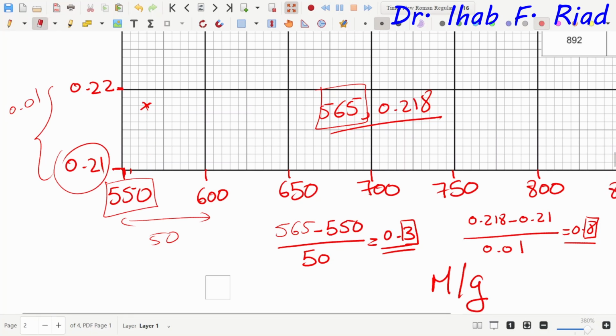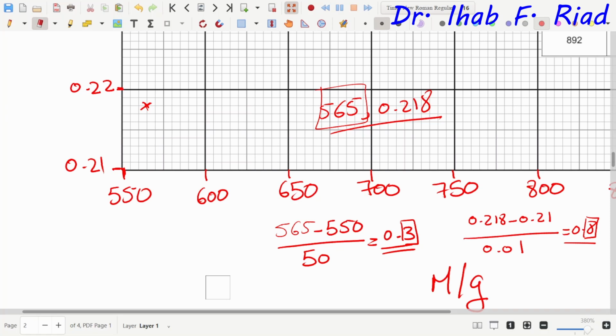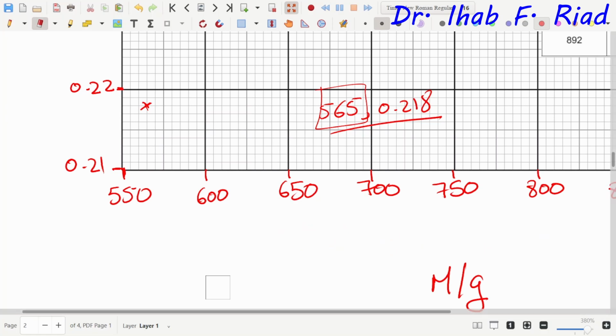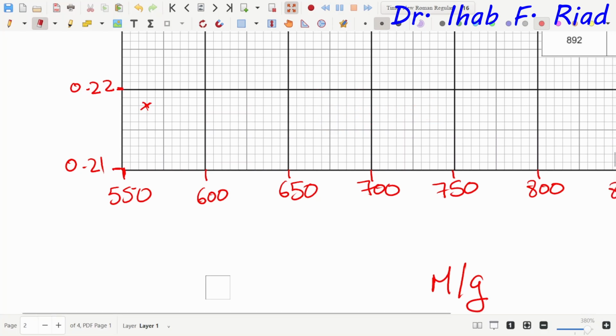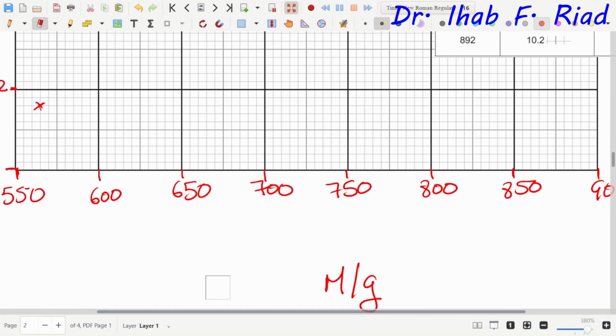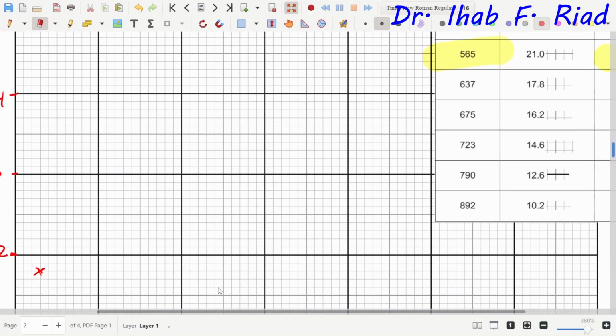Surely in the exam you are going to do this. When you practice, you will do this type of calculation very quickly. It is not going to be as slow as we are doing it right now. Okay, let us go to the second data point. What is the second data point?